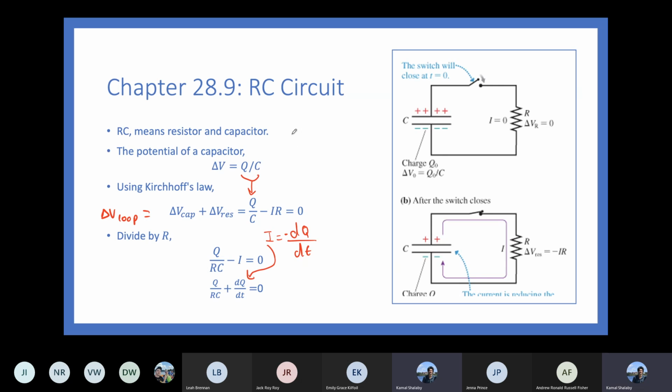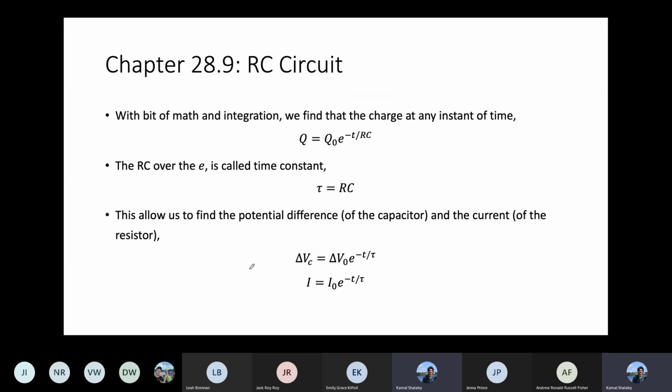If you played with this equation with some integration, and I know most of you are not really interested in that, you can reach this conclusion. If you want to find the amount of charge in the capacitor at any moment of time, all you need is the initial amount of charge in the beginning, then some factor, and that factor is e to the power of some sort of time.